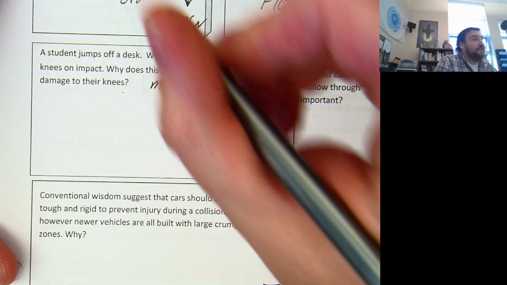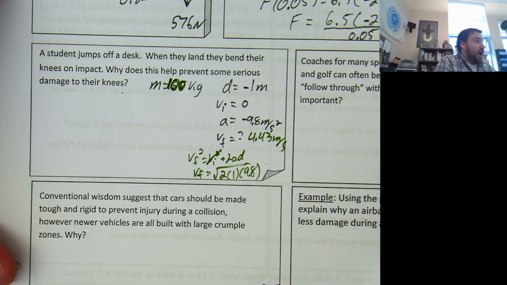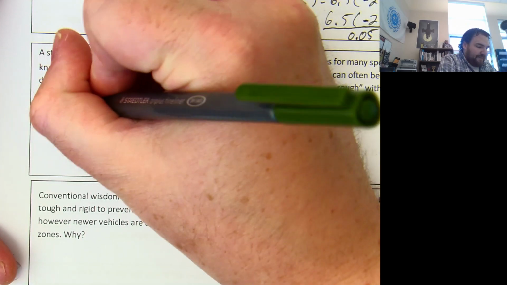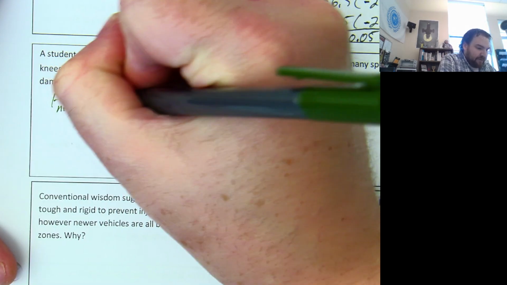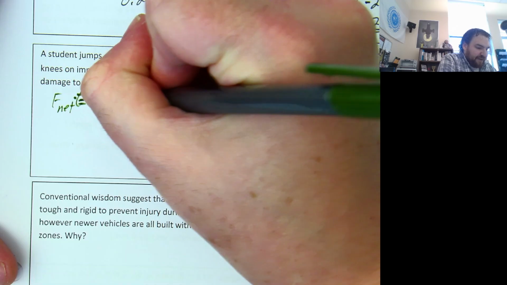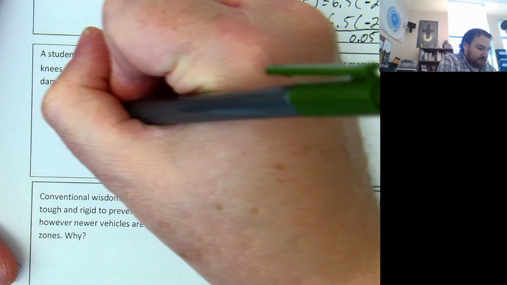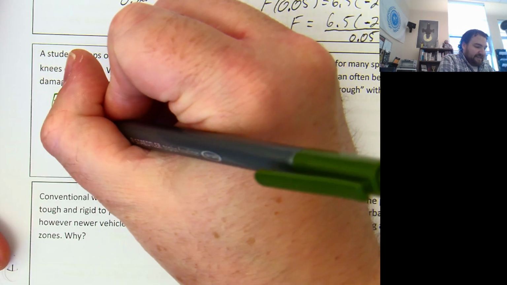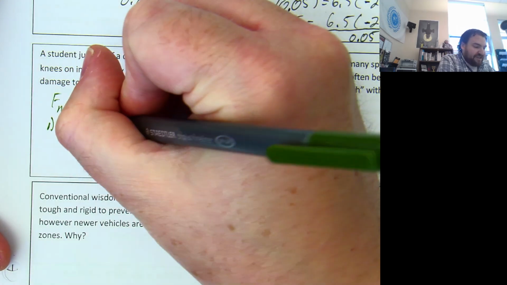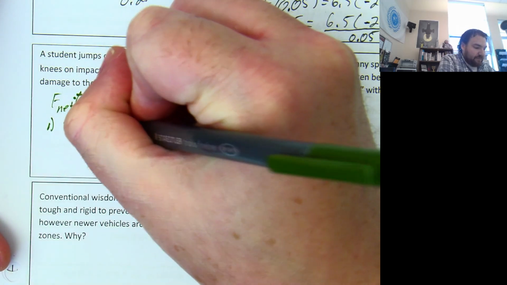So what is the force required if the knees are locked? F net times time equals m delta v, and I lock the knees. The time is short. Maybe it's 1/10 of a second. Let's say that time is 0.1.